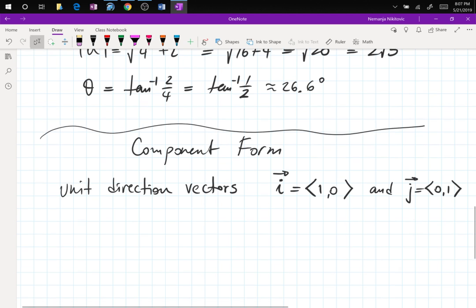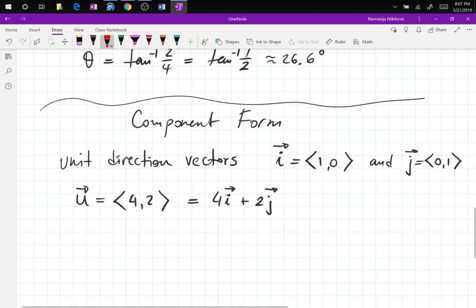And we can take our vector u, which was 4, 2, and write that vector as 4i plus 2j. And that would be the component form.